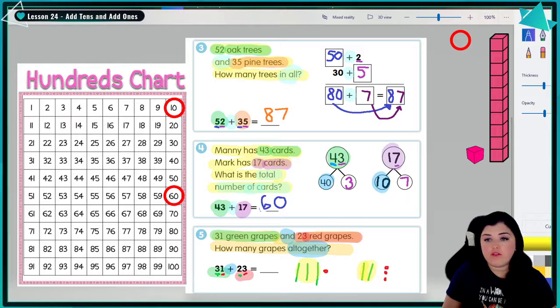So I have 5 groups of 10. And then I want to add my ones. So I have 3 ones here. 3 plus 1 more is 4. 3, 4. So I have 4 in my ones place, which makes the number 54.